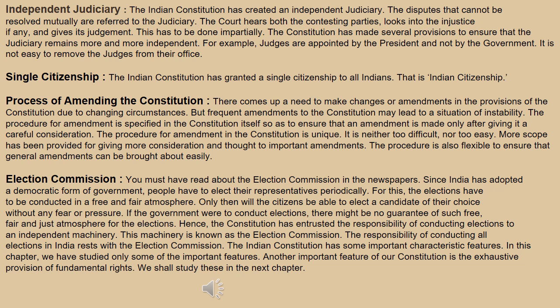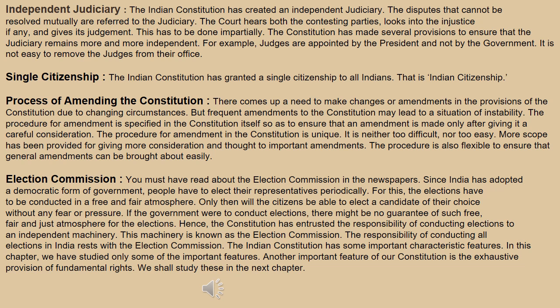Election Commission. You must have read about the Election Commission in the newspapers. Since India has adopted a democratic form of government, people have to elect their representatives periodically. For this, the elections have to be conducted in a free and fair atmosphere. Only then will the citizens be able to elect a candidate of their choice without any fear or pressure.